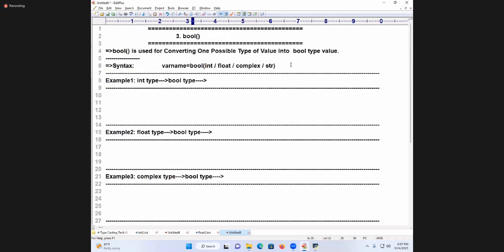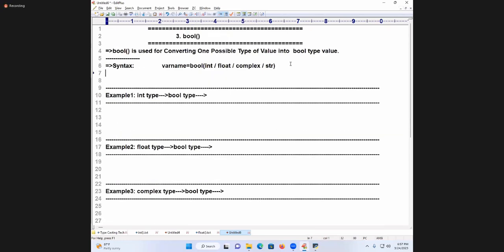Yes. First, before going to that, one important line I will write, especially with capital letters: all non-zero values are treated as true. All non-zero values are treated as what?